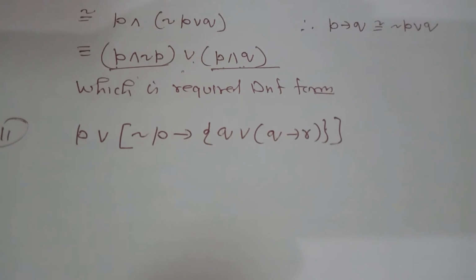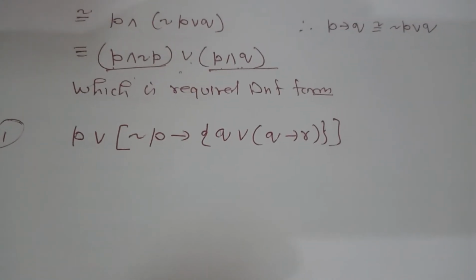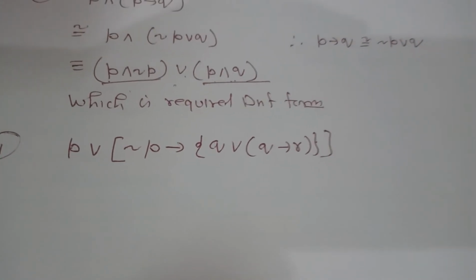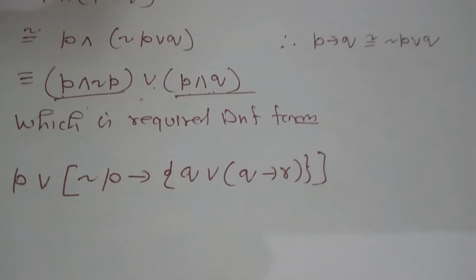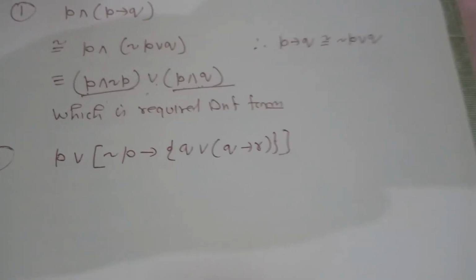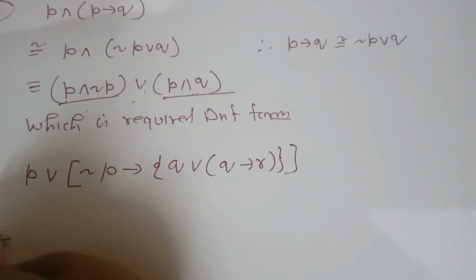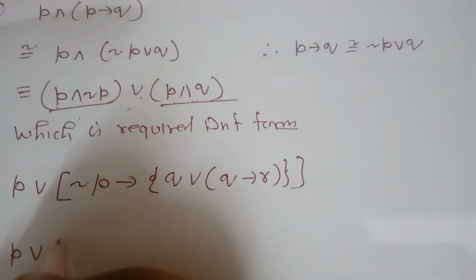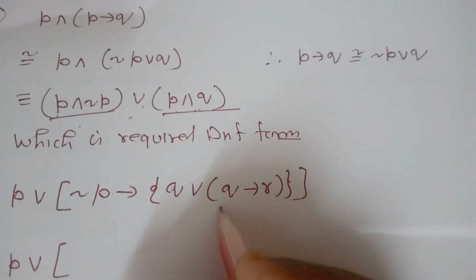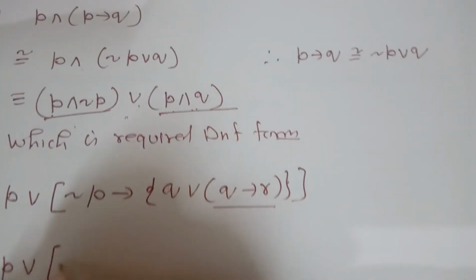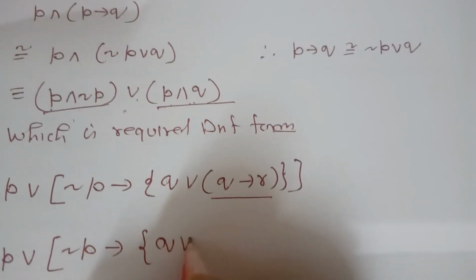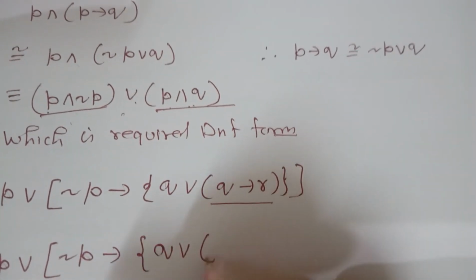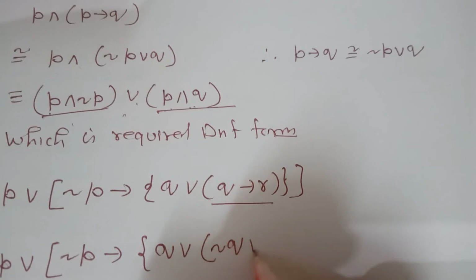Firstly, there is absence of the biconditional, so we go to the next step, that is step 2. We will simplify the conditional connectives, as now we can simplify the connective in this bracket: P implication Q, and this can be simplified as negation of P or Q.